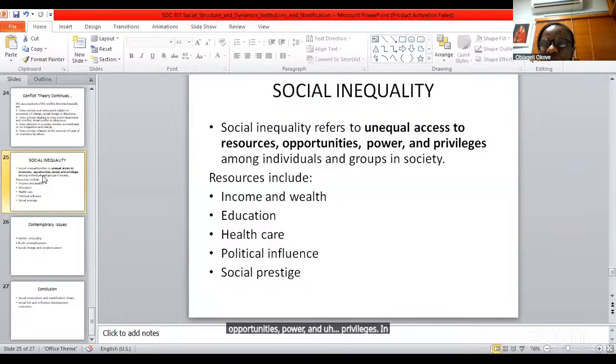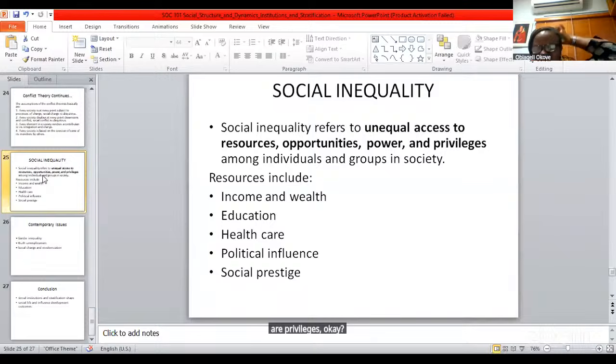In the same vein, under gender classification, men and women do not possess equal access to power, resources, opportunities, and privileges. Men have more access to power, resources, opportunities, and privileges, unlike women. Women are subordinated. In the same vein, in the class system, those in the upper class have more access to resources, opportunities, power, and privileges.